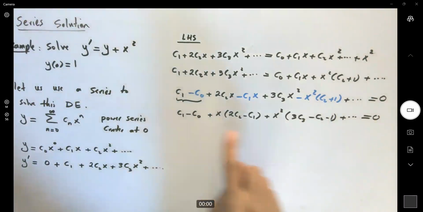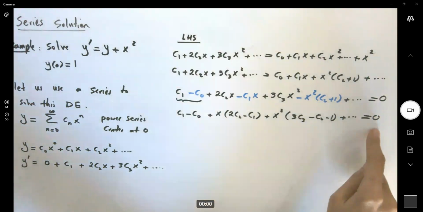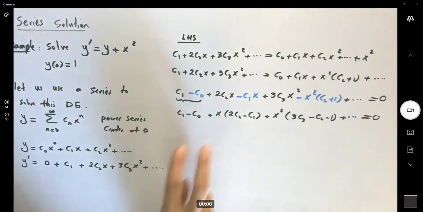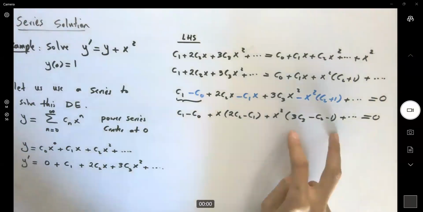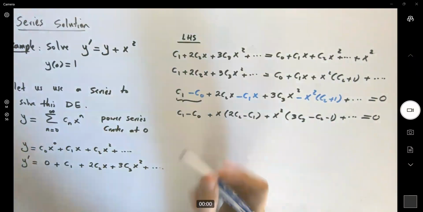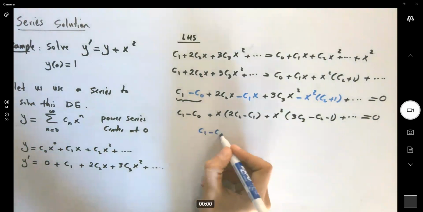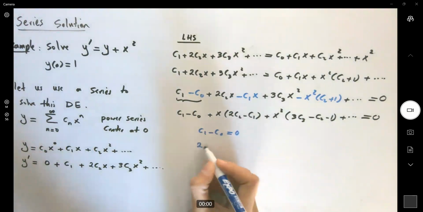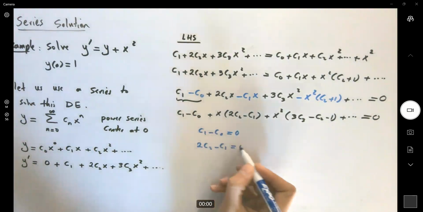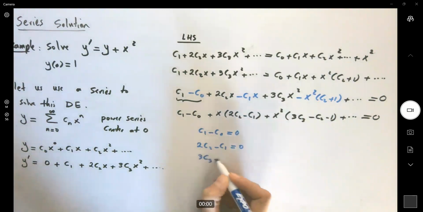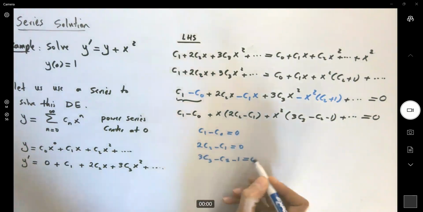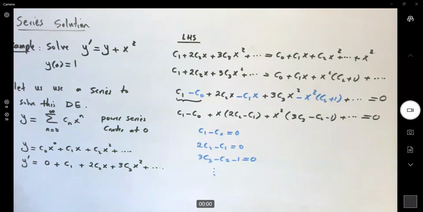Left-hand side is equal to right-hand side. So what's the meaning of that? It means that each coefficient must be 0. So c1 minus c sub 0 must be 0. 2 c2 minus c1 must be 0. 3 c sub 3 minus c2 minus 1 is equal to 0, and the rest of the terms. Can we find a pattern here?